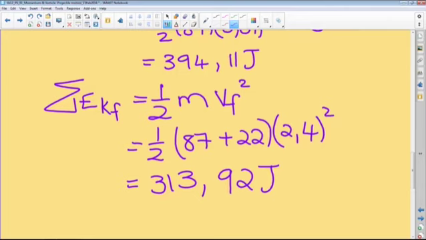Now we've got to look at what the values tell us. Initially, I had 394. I now have 313, give or take the decimals. The kinetic energy has changed.